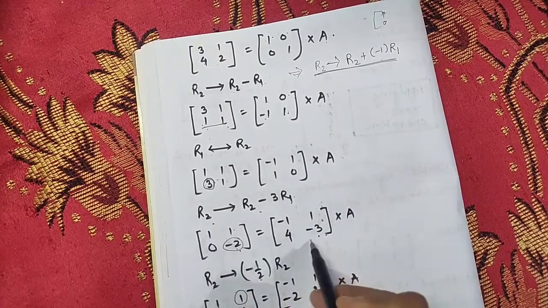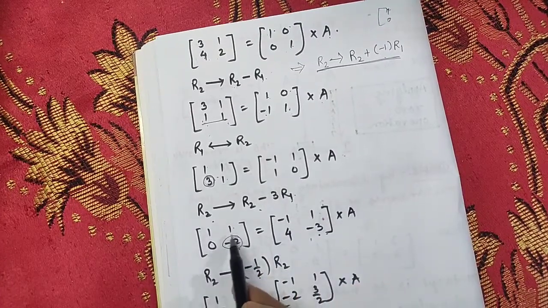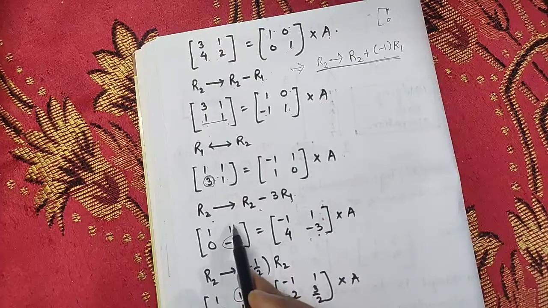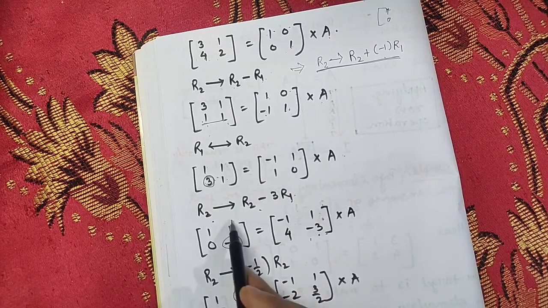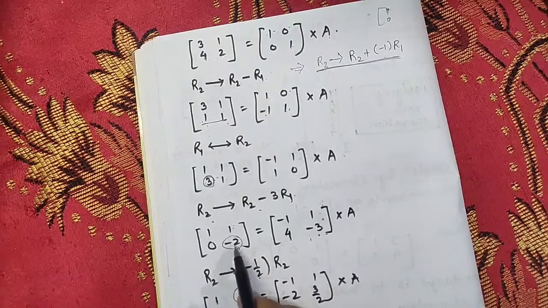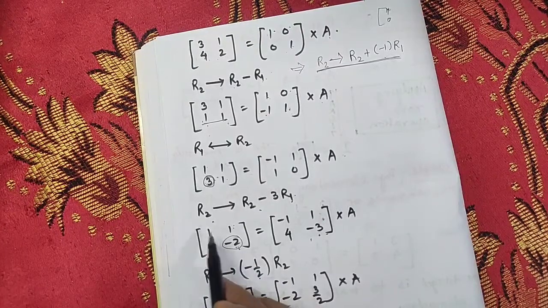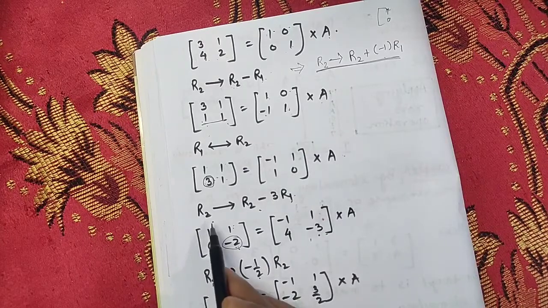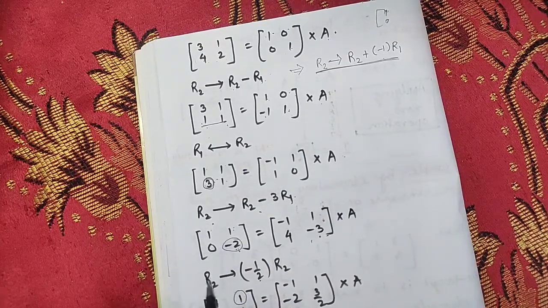We are getting this. Now our next target is we have to make this one into 1 or this one into 0. Anything you can do first. You can make this one into 0 first, or you can make this one into 1 first. First step always you have to make 1 0. If 3 by 3 matrix given, then you have to make 1 0 0. That will be the first step.